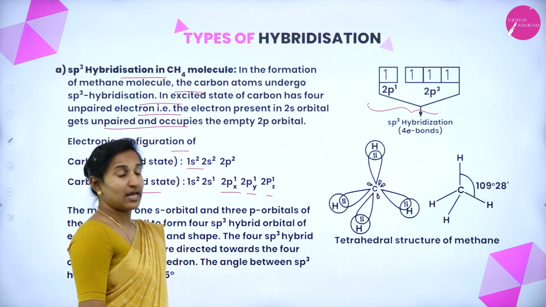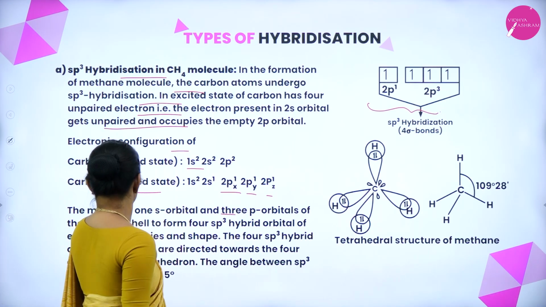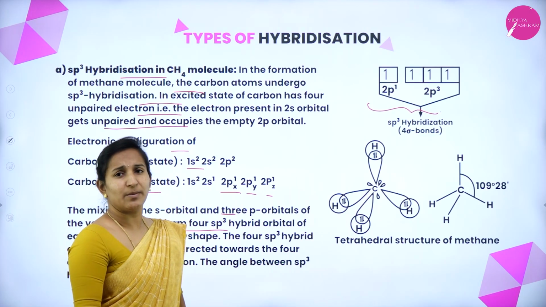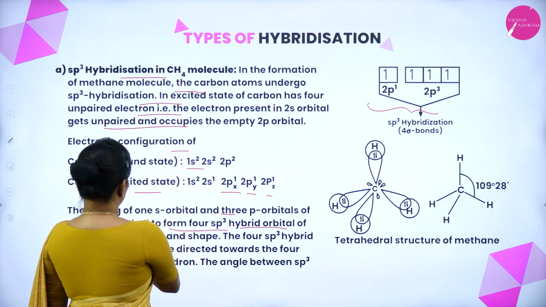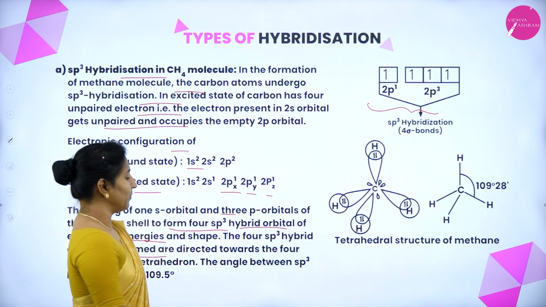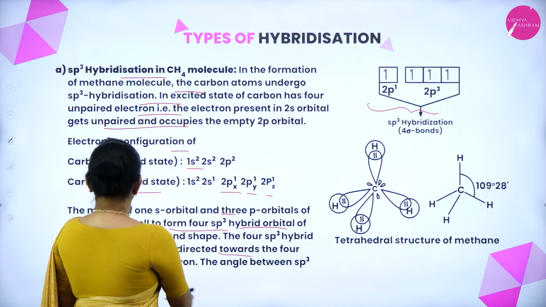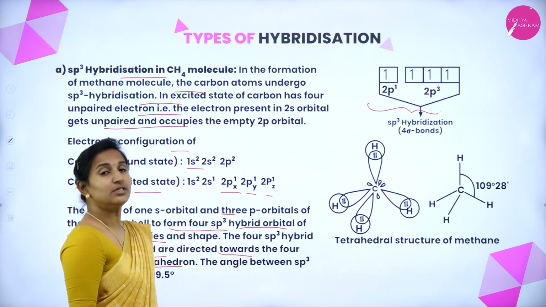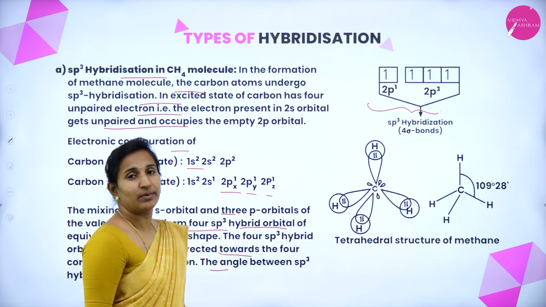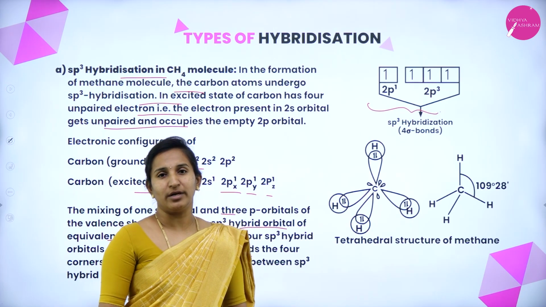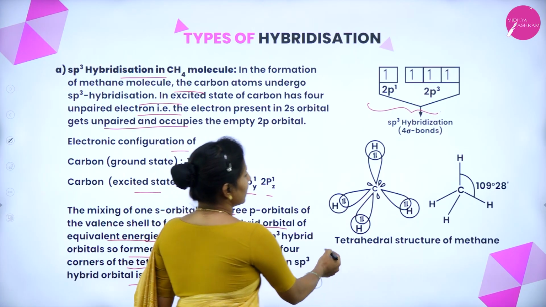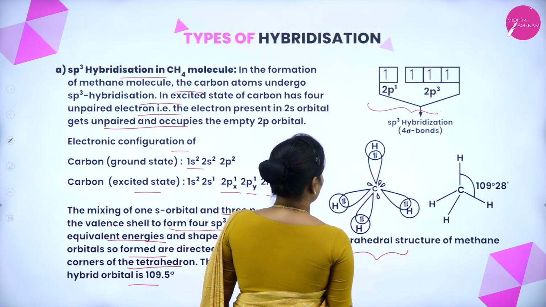The mixing of one s orbital and three p orbitals of the valence shell forms sp3 hybridized orbitals of equivalent energies and shape. The four sp3 hybridized orbitals formed are directed towards the corners of a tetrahedron. The angle between sp3 hybridized orbitals is 109.5 degrees. This is the tetrahedral structure of methane.